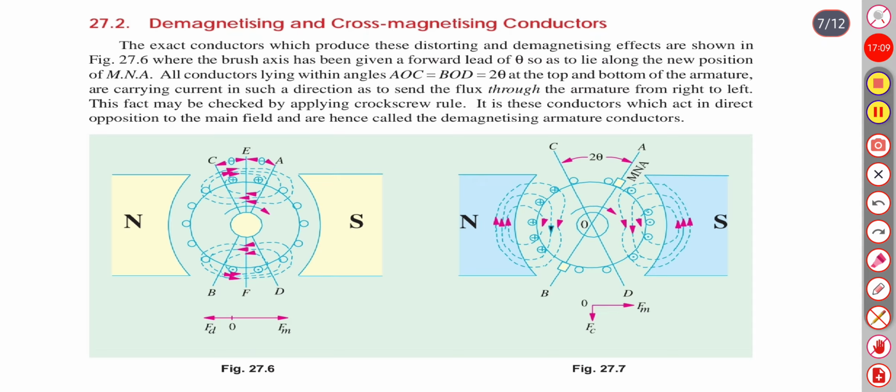Demagnetizing and cross magnetizing conductors. The exact conductors which produce these distorting or demagnetizing effects are shown in the figure, where the brush axis has been given a forward lead of theta so as to lie along the new position of MNA.